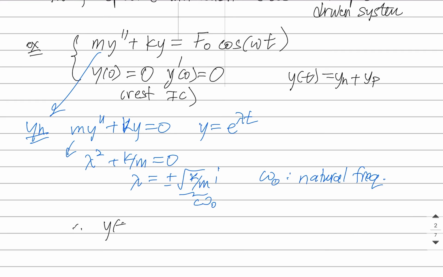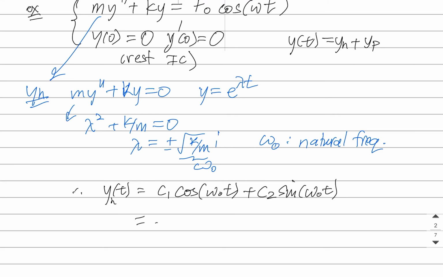The homogeneous solutions, as we know, are going to be some C1 cos omega naught t plus some C2 sine omega naught t. We can do a little bit of work and write this as some sort of cosine omega naught t with a phase shift.